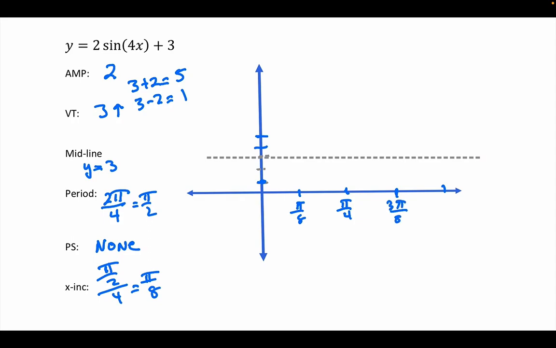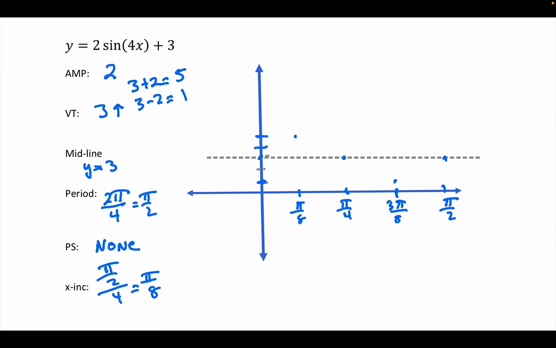And this one would be 4 pi eighths or pi halves, which would complete the period. So what I want to do is start here at the axis because I didn't have any phase shift. And from there with my sine curve, I want to go up 2, back to my midline, down 2, and back to my midline as I hit those 4 points.